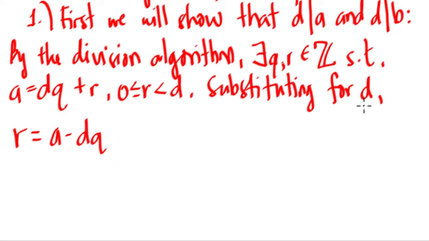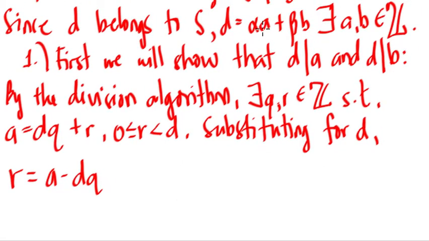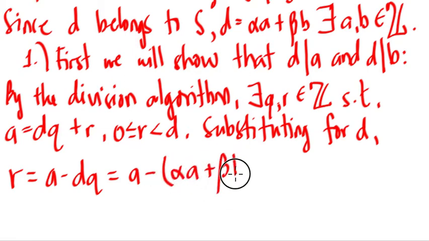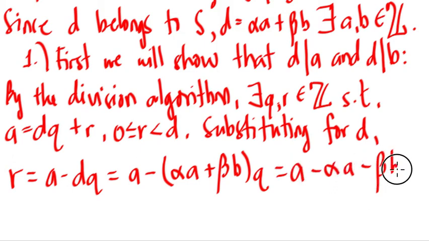The value of D is shown above: D is equal to alpha A plus beta B. So this is A minus alpha A plus beta B times Q. We distributed the minus sign to both terms while distributing the Q to both terms. So we have A minus alpha AQ minus beta BQ.